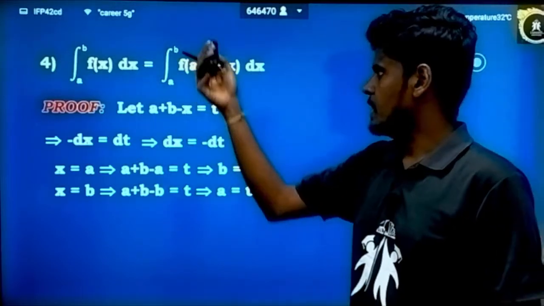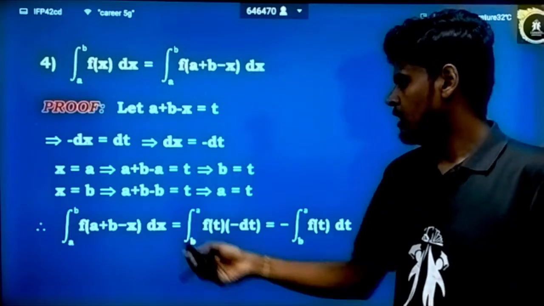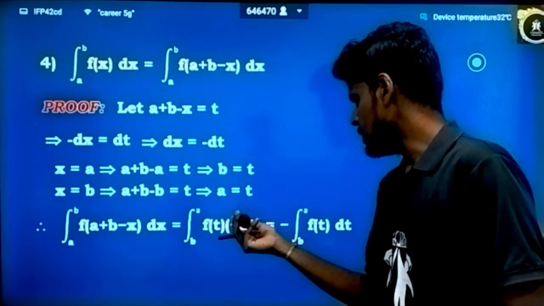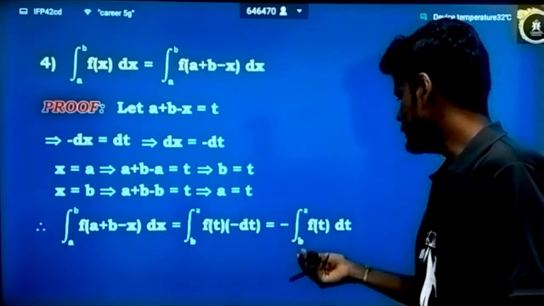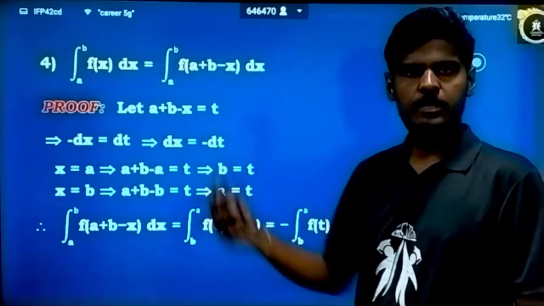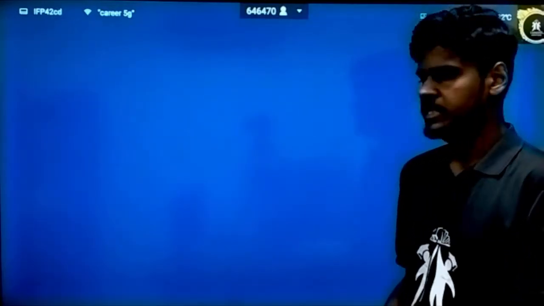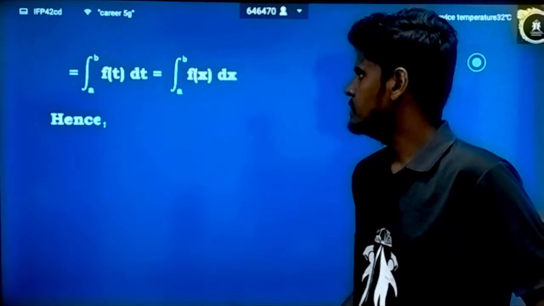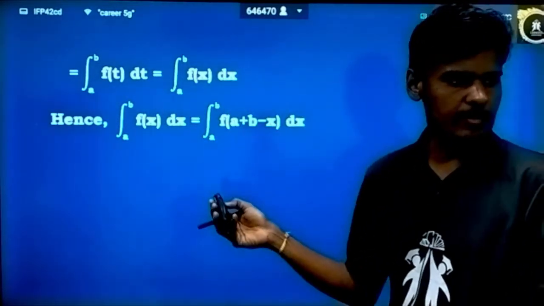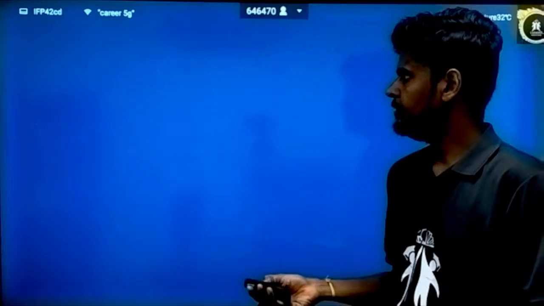So that means this integral will become integral b to a minus of f of t dt. That is integral of a to b f of t dt. That is the left hand side, as we can change the variable of integration. Again, proof is similar to the third one. You can try it by yourself for this.